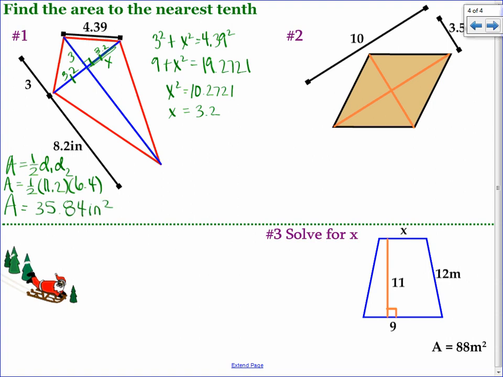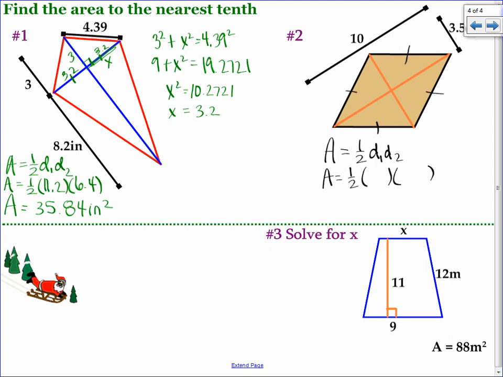Okay. The next one, there should be these dashes here to tell you that it's a rhombus. When you have a rhombus, it's really nice because we know both of the diagonals get what? Split in half. Okay, so when we're doing this, there's typically not Pythagorean theorem involved. Sometimes there is. This one there is not. We just need to make sure we use the entire length of both of those orange segments.